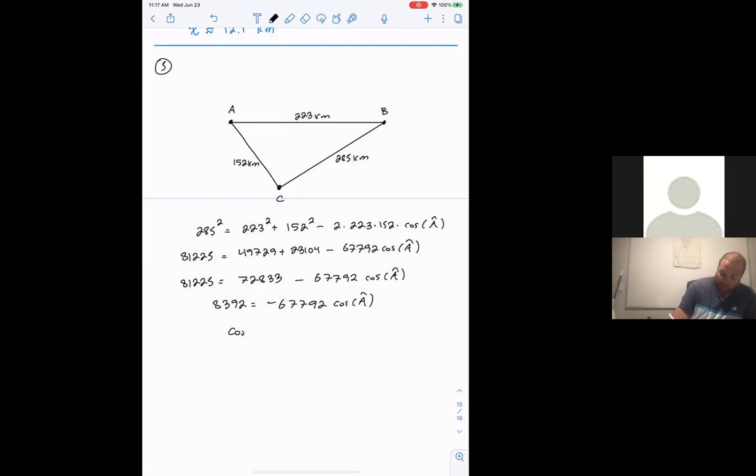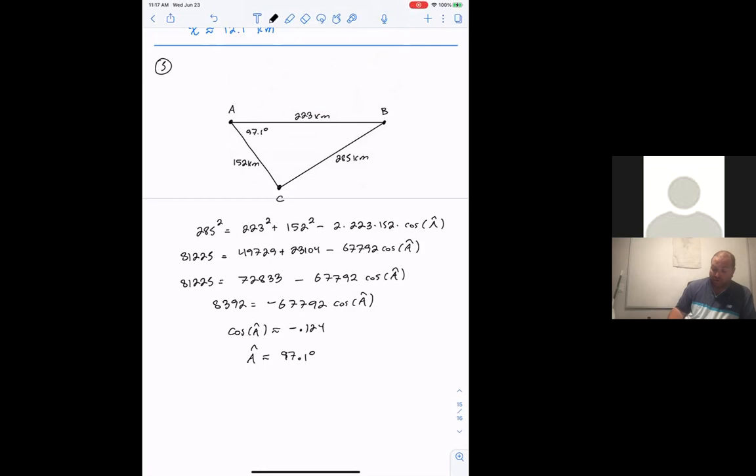So cosine of A hat is approximately negative 0.124, and therefore A hat, taking the arc cosine, is approximately 97.1 degrees.